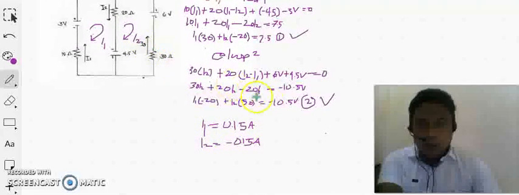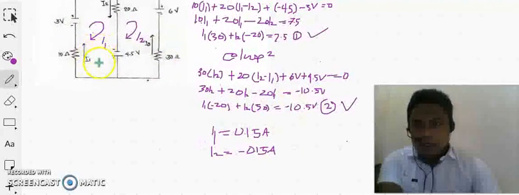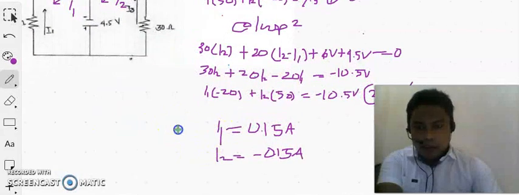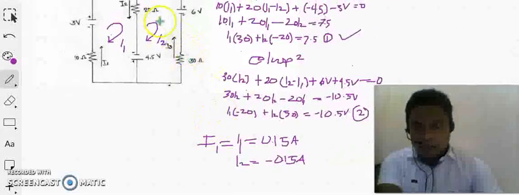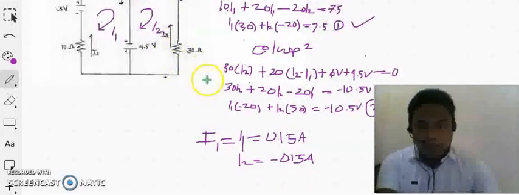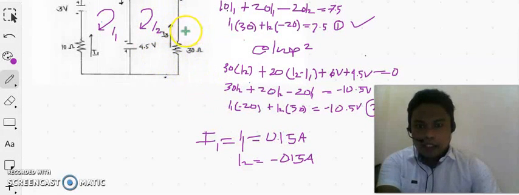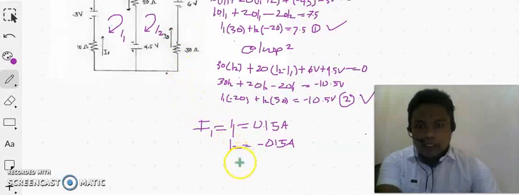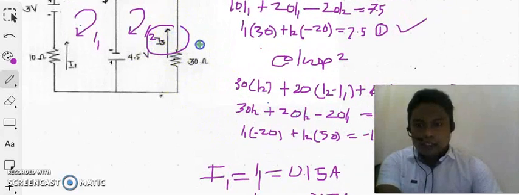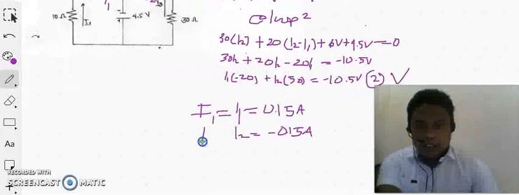So therefore, we can have the answer. Our I1 is simply I1. Our I3 is equal to I2.